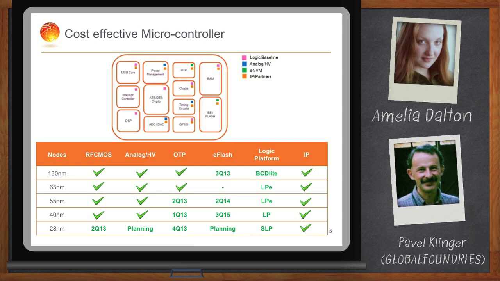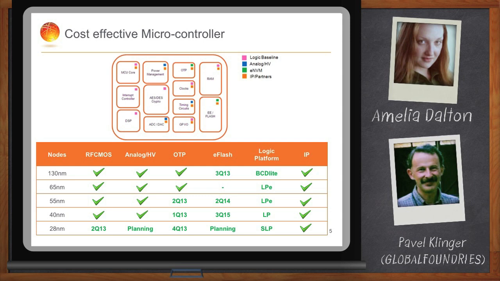You can see that we are showing RF CMOS and analog high voltage capability fully enabled for all technology nodes down to 40 nanometers, and we are about to enable RF capability at 28 nanometer node. We have one-time programming devices, or OTP, available on every technology node down to 65 nanometer, and this year our customer will start enjoying this capability at 55, 40 and 28 nanometer nodes.